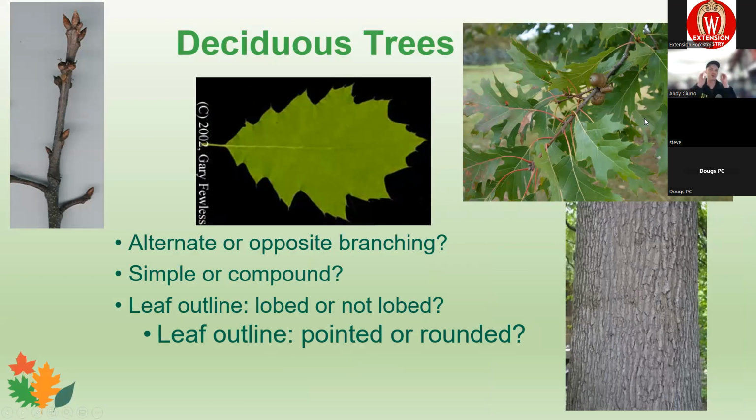And just want to mention real quick, I don't think this is in the slide either. It might be in your guide. Yeah, it'll be in the key, but an easy way to identify oak based on leaf is if the tips of the oak are pointed, it's a red oak. If they're round, it's a white oak.